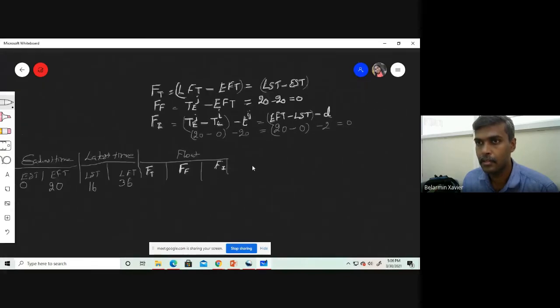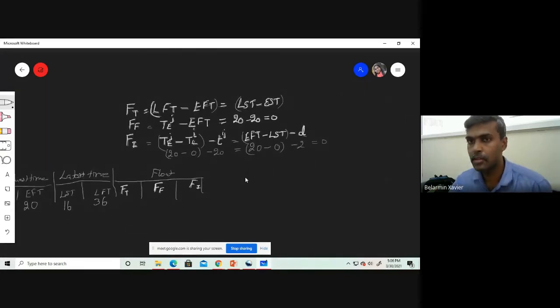Okay, so if you put this value, latest finishing time is 36, earliest finishing time is 20, so the difference is you will get 16.